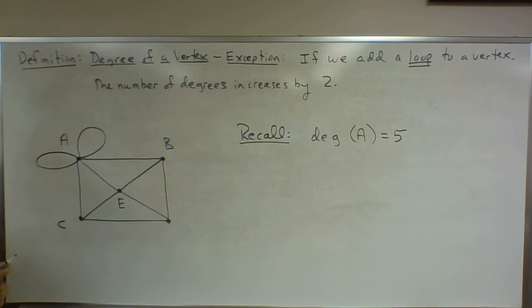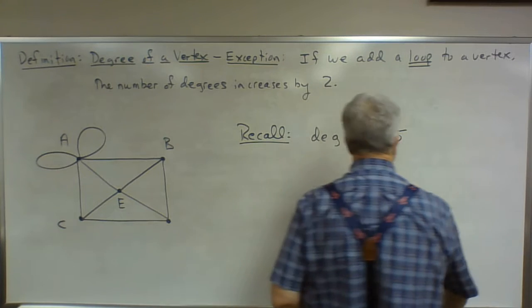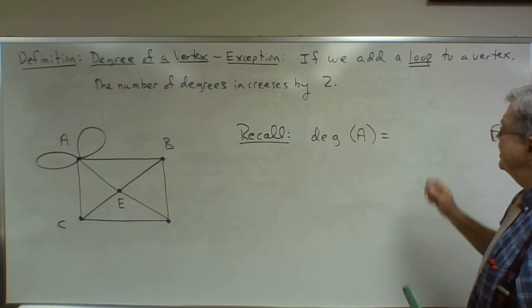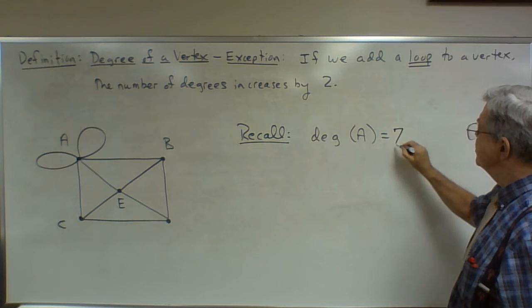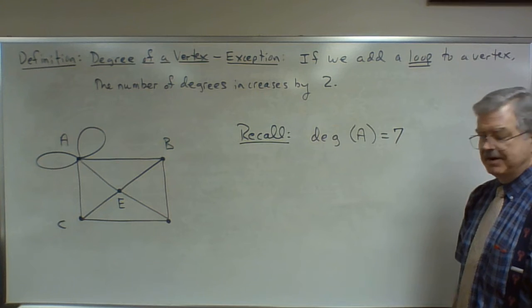I added another loop. This loop is just one edge, but we're counting both ends of the loop as contributing a degree to vertex A. So now the degree of vertex A increases by 2. The degree of vertex A is 7.